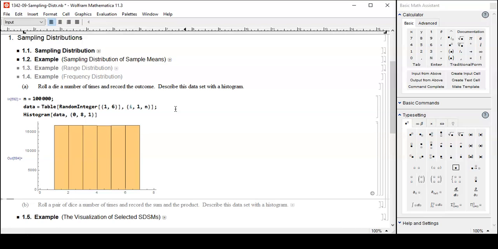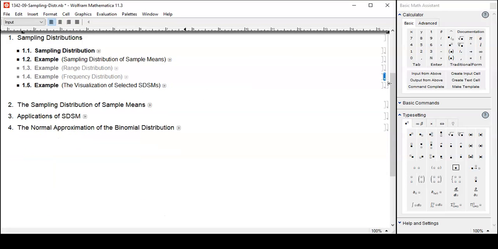I mean, we are talking about a fair die, so each number is equally likely in terms of the theoretical probability distribution. And if you roll it sufficiently many times, then it won't change a lot from the uniform distribution.